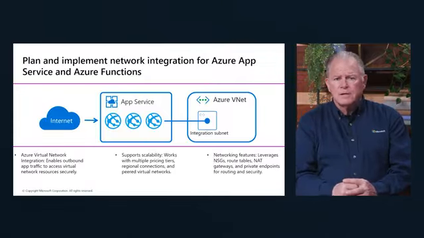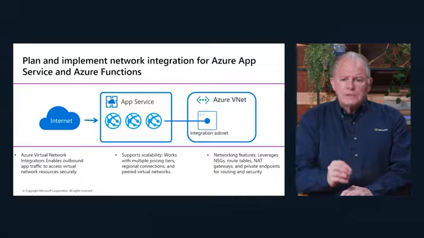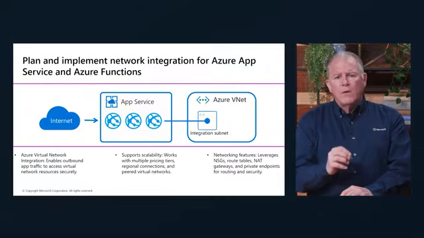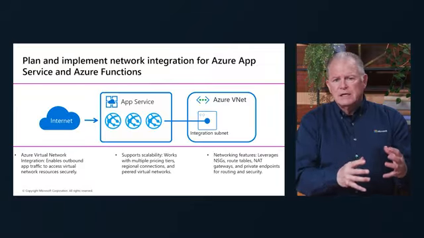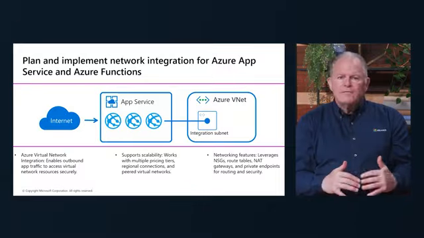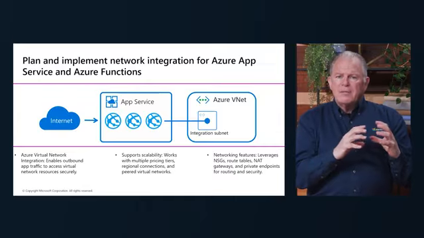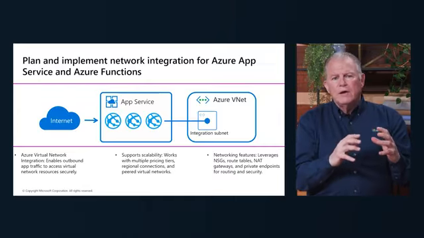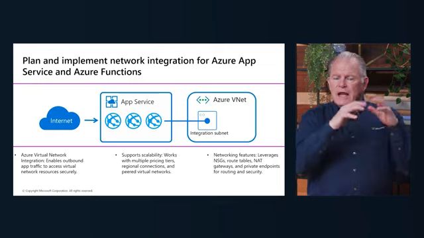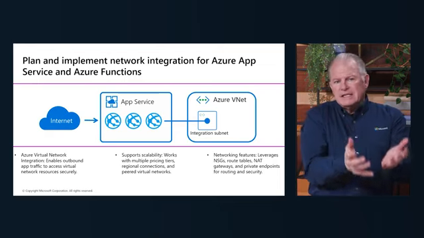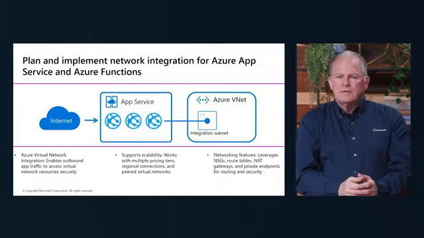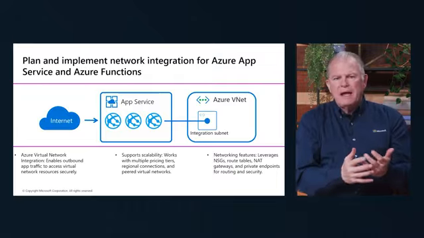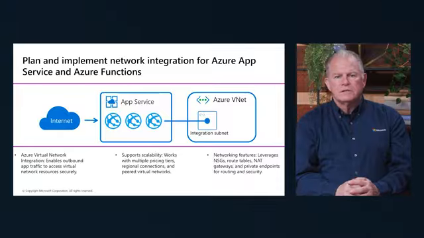App services and app service plans are ways to take that infrastructure, those traditional virtual machines that you've built, and it obfuscates it and puts it at the management of Microsoft. And so what you have now is this thing called an app service that gives you access to that infrastructure, but you're only having to manage your app service and not have to manage and patch the underlying infrastructure itself.